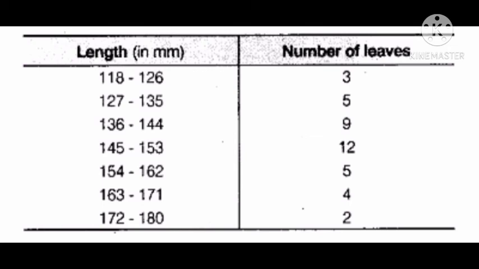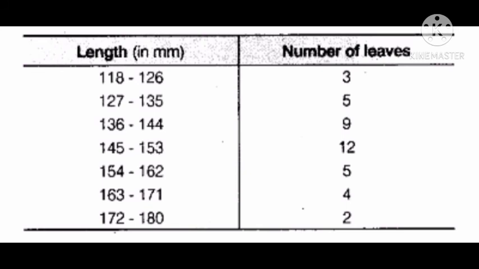The first interval is 118 to 126, and the next interval starts with 127, 127 to 135. The next class starts with 136. So the given class intervals are not in continuous form. I hope it's clear to you.